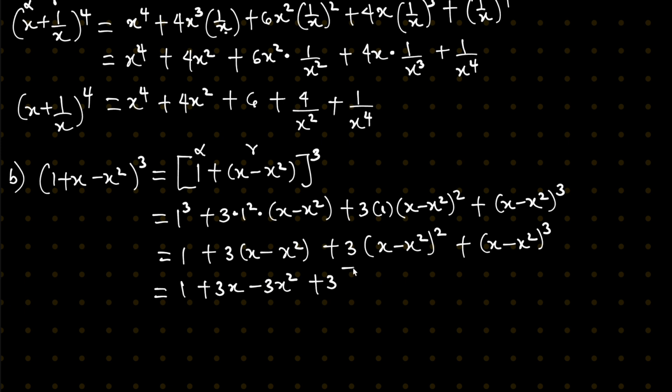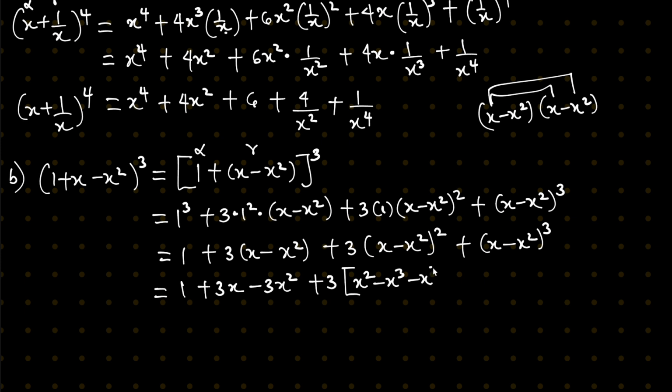Now this is not actually a large expression, so we can write it as this, right? So x times x is x squared, and x times minus x squared is going to give us minus x cubed.